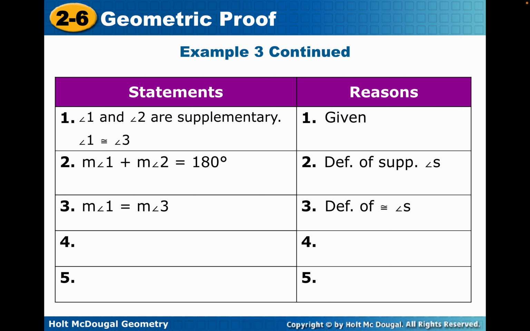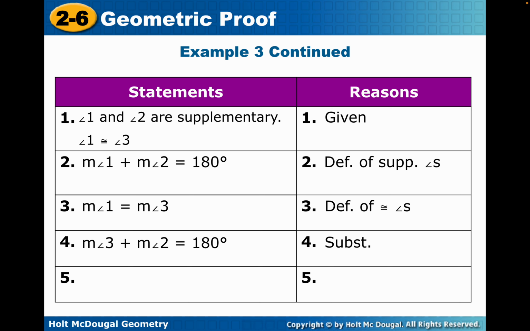We're going to go with our next step. Okay. Our next step, we're going to say the measure of angle 3 plus the measure of angle 2 equals 180. Okay? Who thinks they have an idea of what the reason is for this? Perfect.